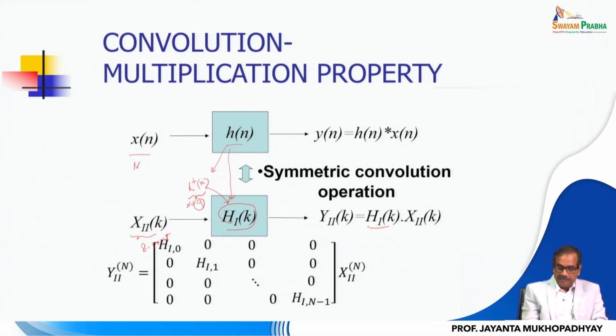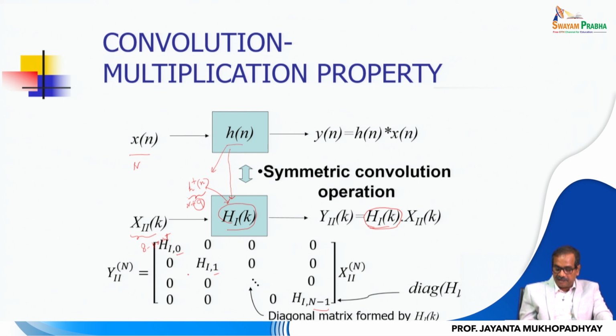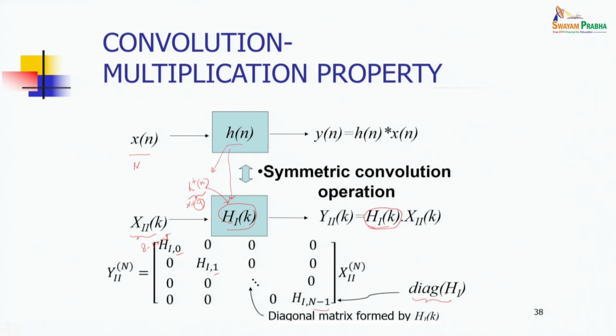So if the elements of HIK, which means the DCT coefficients ordered from the 0th frequency to the first to the n minus 1th frequency, are arranged in a diagonal manner, this is the diagonal matrix formed by HIK. I am denoting this kind of conversion by the notation diag of HI, which I will be using subsequently in my discussion.